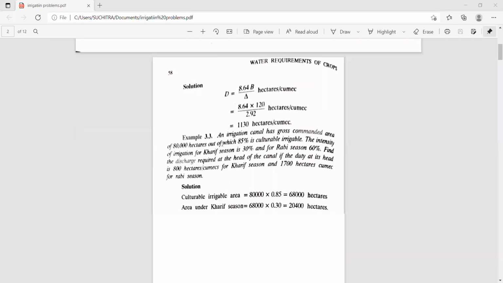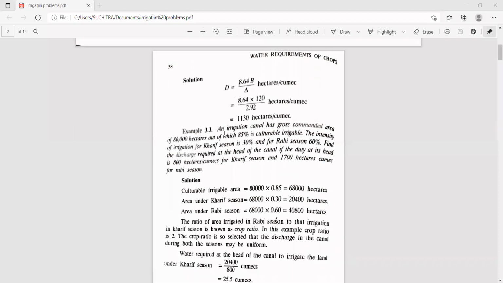Now the next problem: an irrigation canal has a gross commanded area of 80,000 hectares, out of which 85% is culturable irrigable. The intensity of irrigation for Kharif crop is about 30% and for Rabi crop about 60%. Find the discharge required at the head of the canal, if the duty at its head is 800 hectares per cubic for Kharif season and 1700 hectares per cubic for Rabi season.